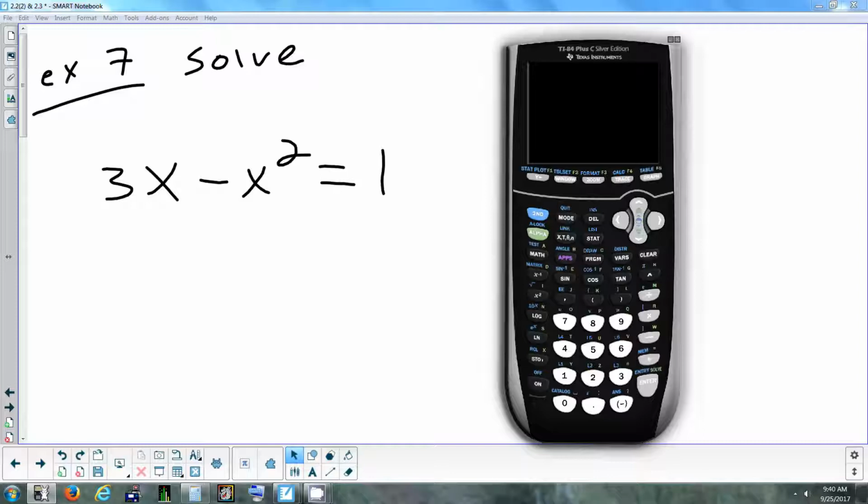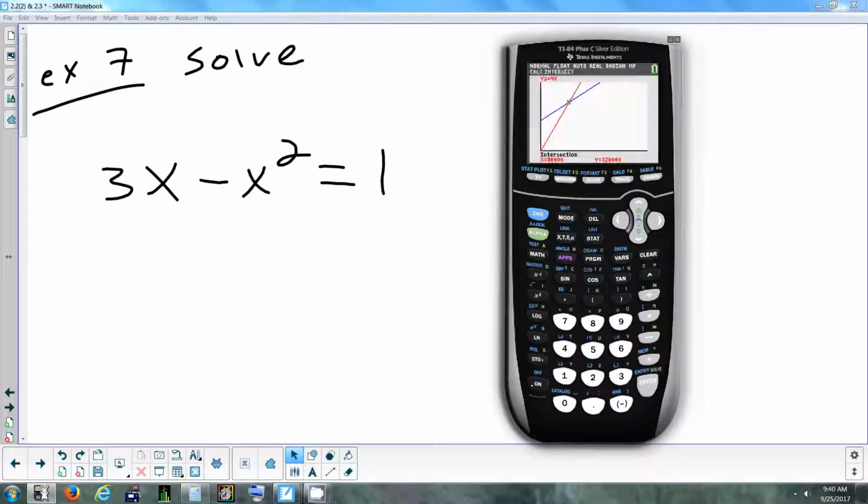Oh, okay. So Megan, what were you going to say? All right, how do I do that? y1 would be 3x minus x squared, y2 equal 1. Okay, and what am I going to be looking for? Where they cross.